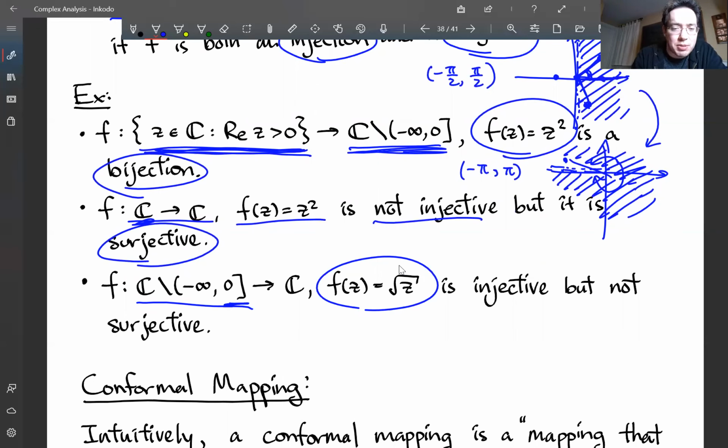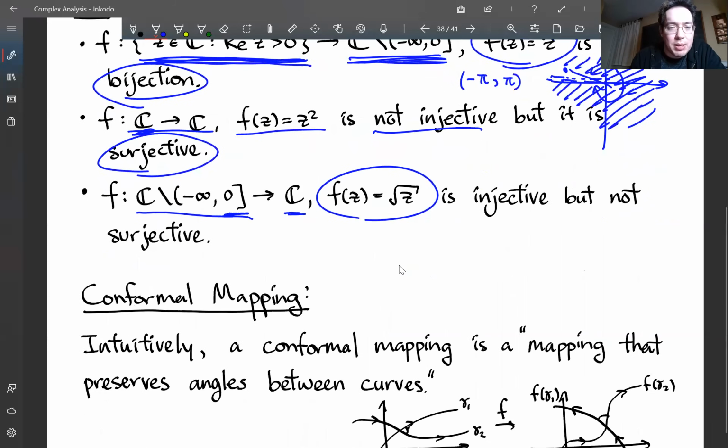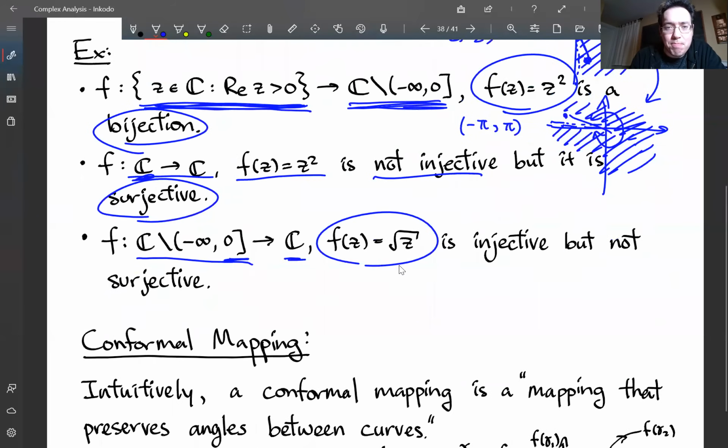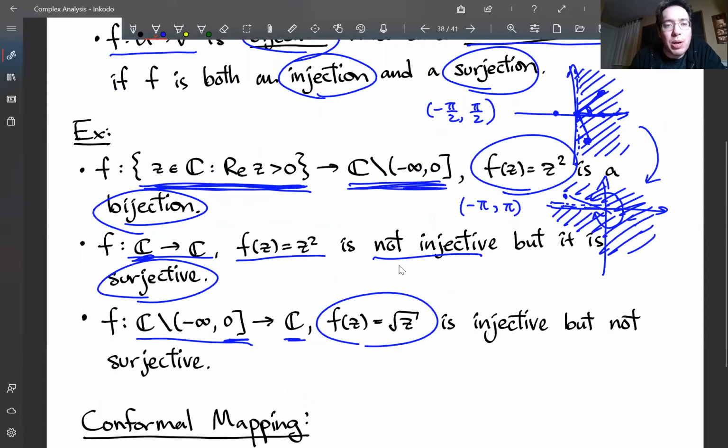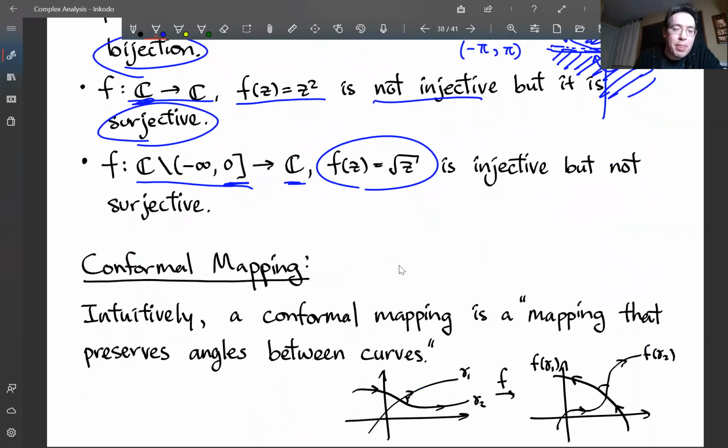Since 0 is excluded from the input, you cannot hit 0 in the output. The only thing whose square root is equal to 0 is 0. So, okay. I hope that made sense. So we're going to use those terminology.